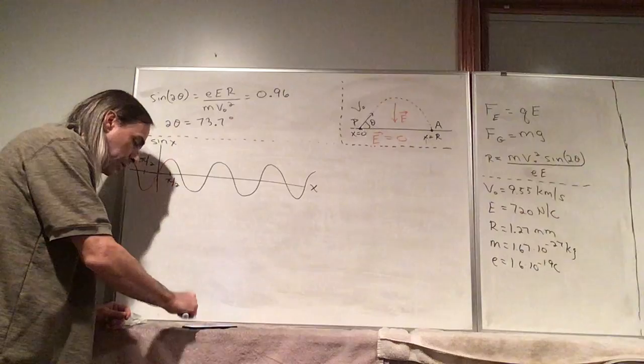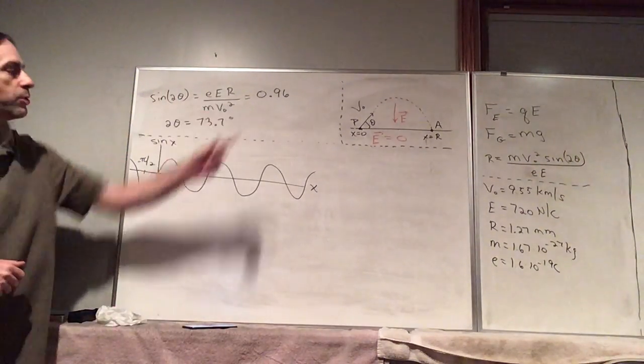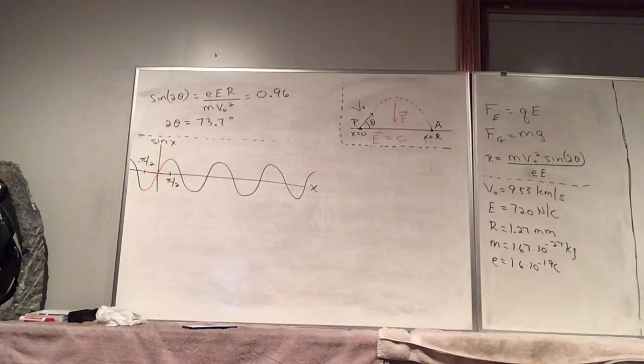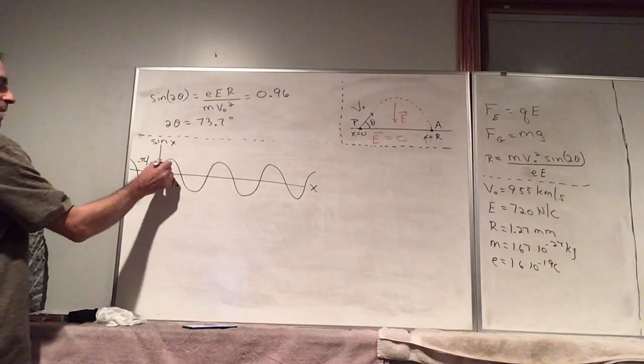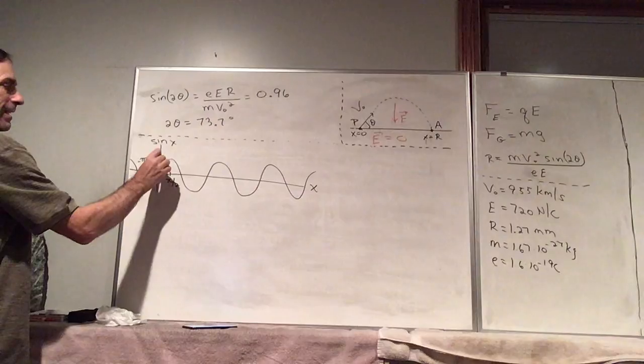So let me just check something. Yeah, I was expecting kind of a smaller value because we're so close to 1, where we would have 90 degrees. But yeah, so taking the inverse sine, it gave us this value right here.